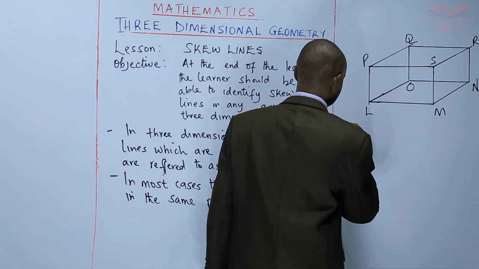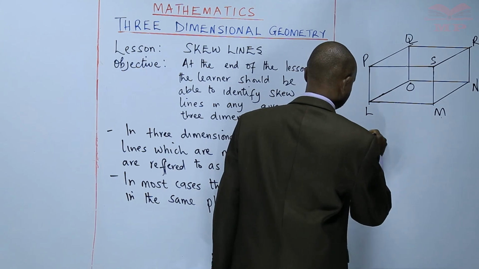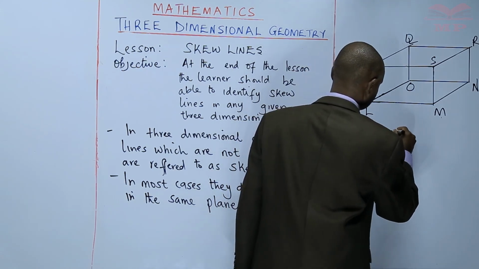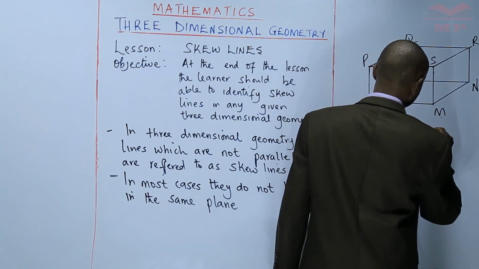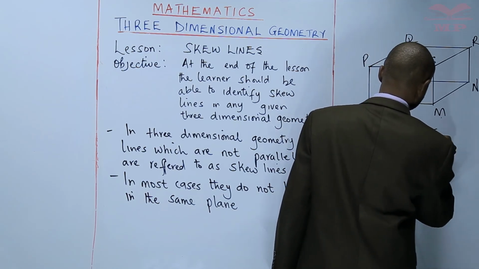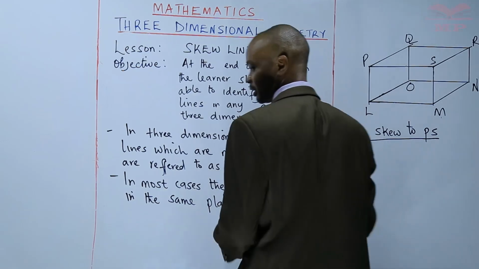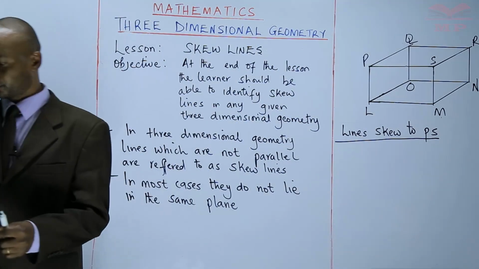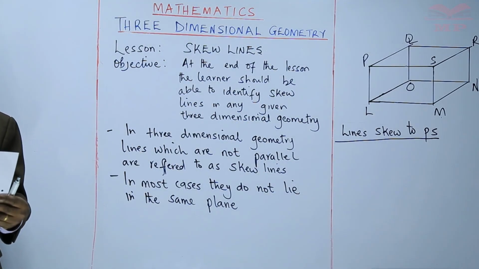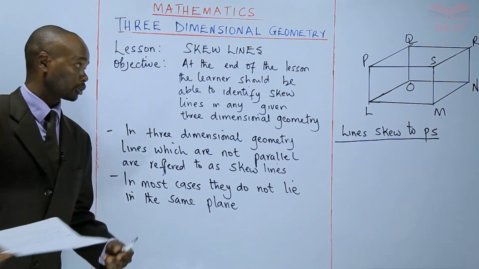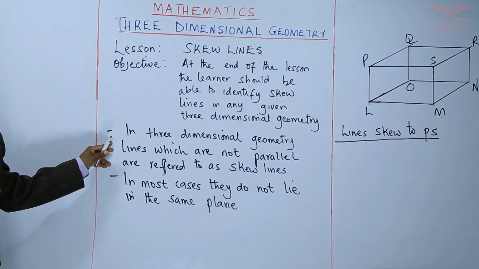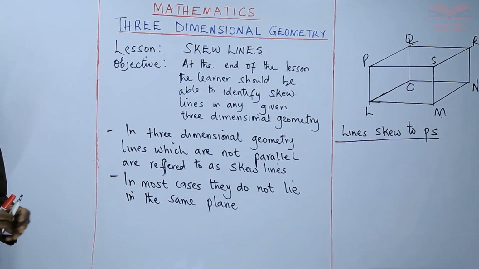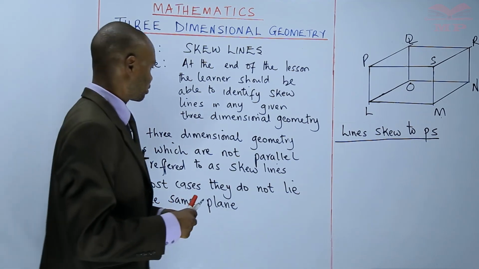We can try to find lines skew to PS. So the definition is that lines in three-dimensional geometry which are not parallel are referred to as skew lines.